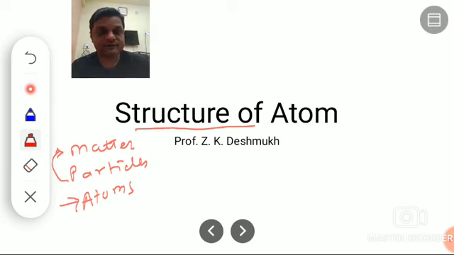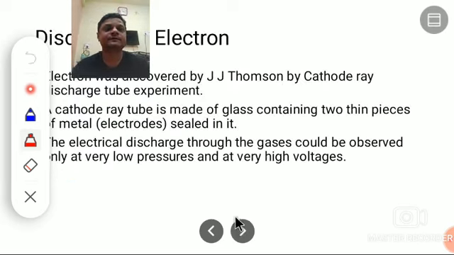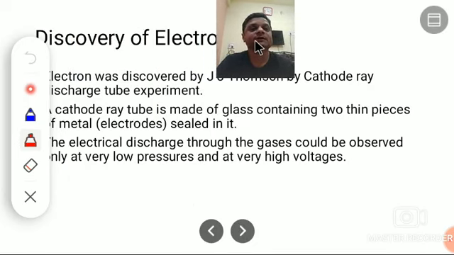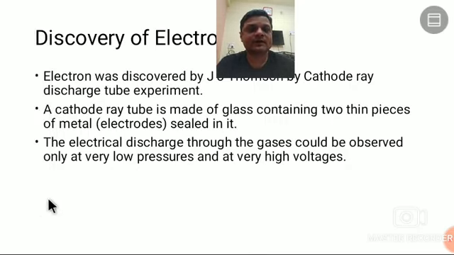The very first experiment we can see is J. J. Thomson's cathode ray discharge tube experiment. Now, from the presentation, he made a cathode ray tube where cathode rays were developed.